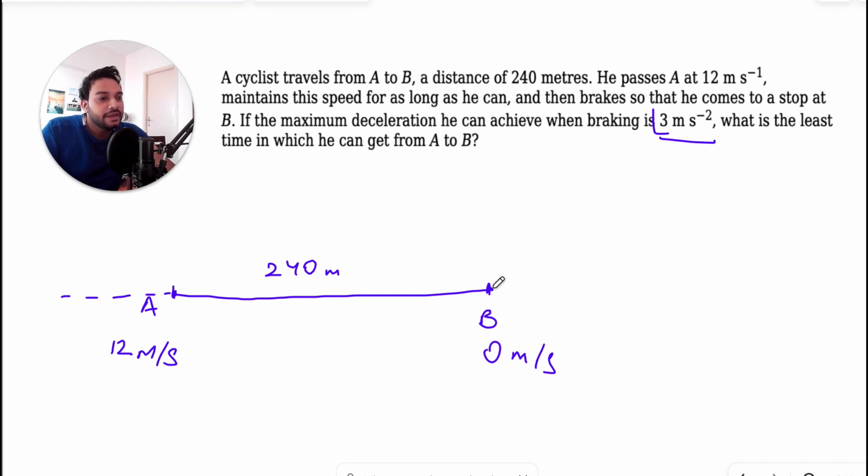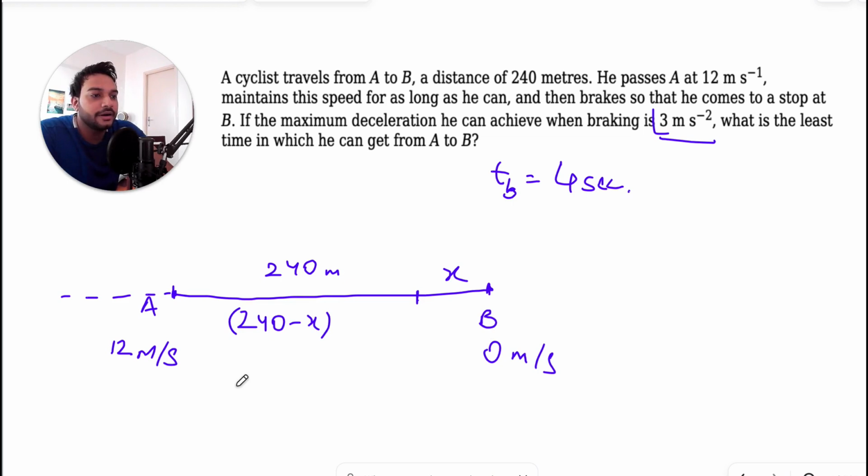Rest of the time, he or she will be moving at constant speed. So let's write that. T braking, TB, is equal to 4 seconds. Let's say he or she brakes at X meters from B. So the remaining 240 minus X is covered at 12 meters per second.